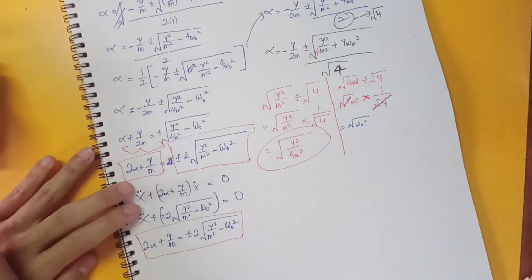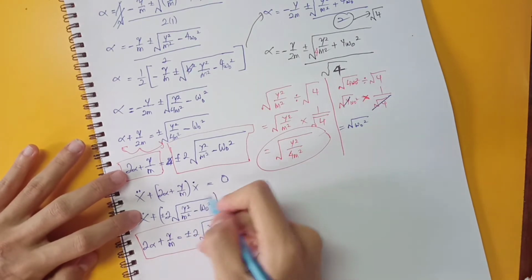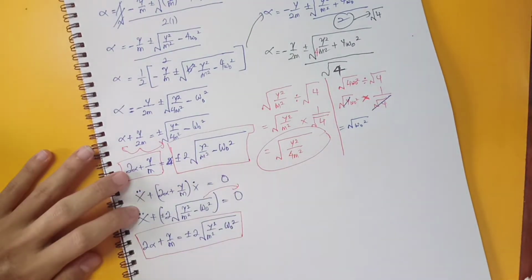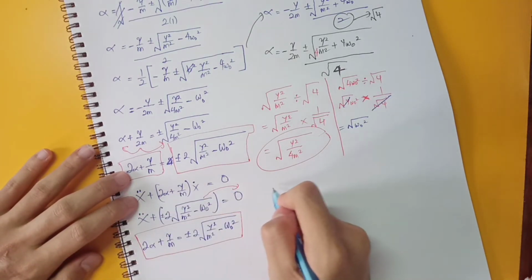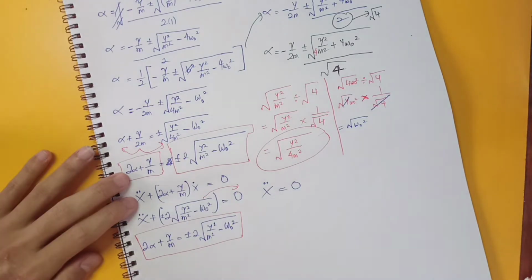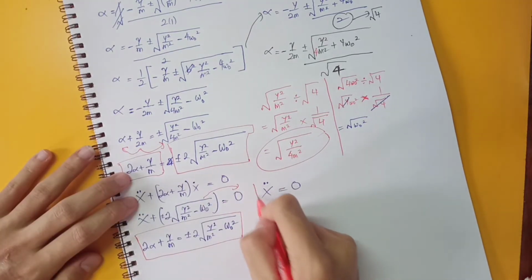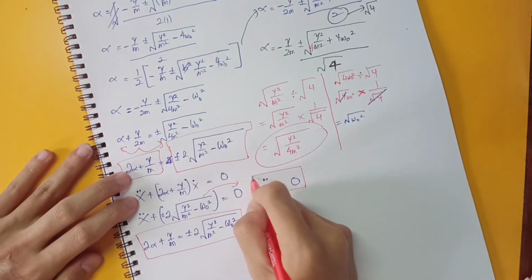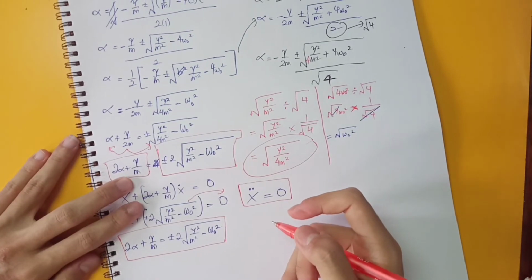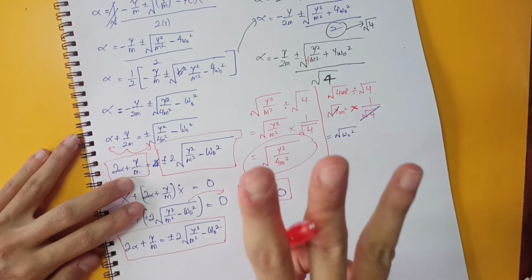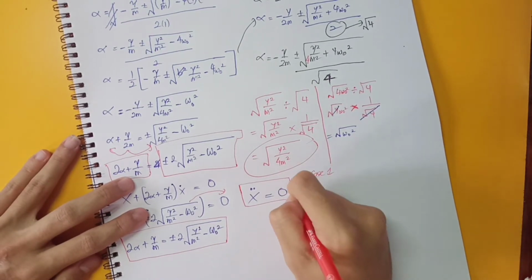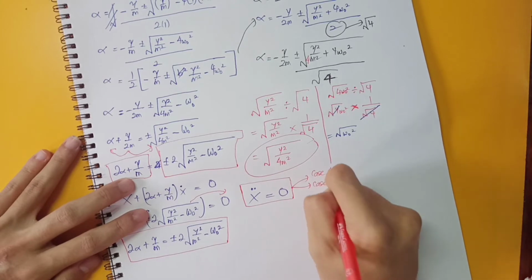Okay, so as you can see, when we put this to the right side, we found that acceleration is equal to 0. This is the most important news. This one right here can be used in our three cases. Later we will explain case 1, case 2, and case 3.